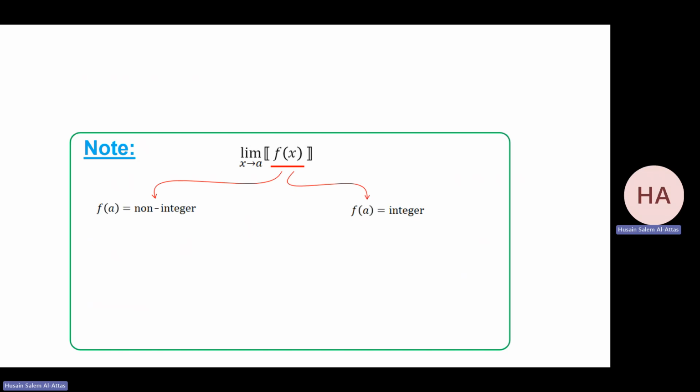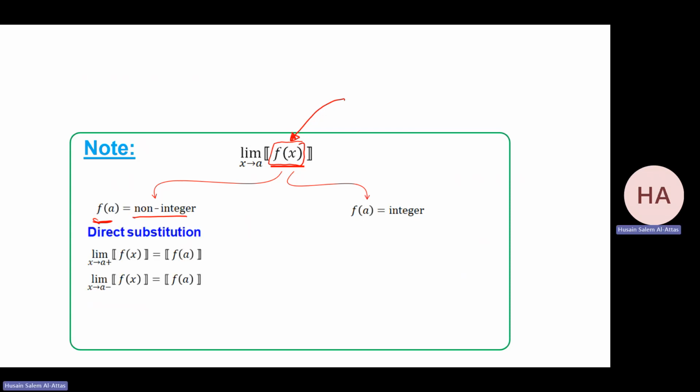For the greatest integer function, you need to notice something. You check the things inside the greatest integer. You substitute the a, you check f of a. If f of a is a non-integer, خلاص, then direct substitution, the limit from right or from left will be the same, and it will be just substitution.